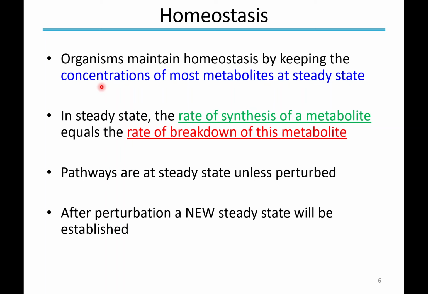If you're looking at a certain metabolite, you have reactions that are using that metabolite, so it's getting used, but there are also reactions that are making it. And so the rate of it getting consumed and the rate of it being made are equal. Pathways tend to be at steady state unless they're otherwise perturbed. After they're perturbed, a new steady state will be established.